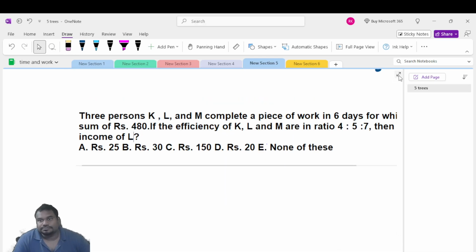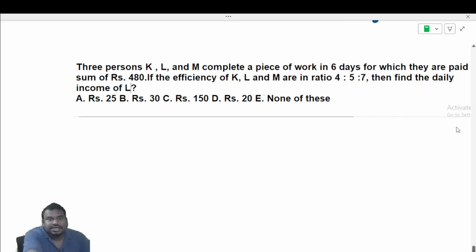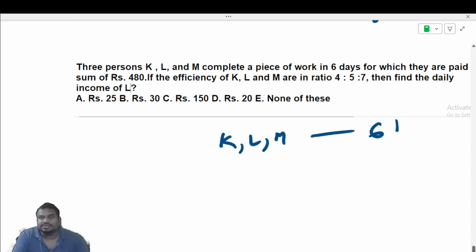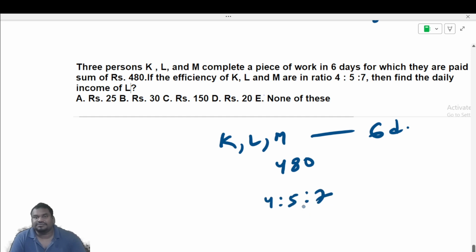Next question. 3 persons K, L and M complete a piece of work in 6 days, for which they are paid a sum of 480 rupees. If the efficiencies of K, L and M are in the ratio 4:5:7, then find the daily income of L. So the income will be shared as per their efficiencies.